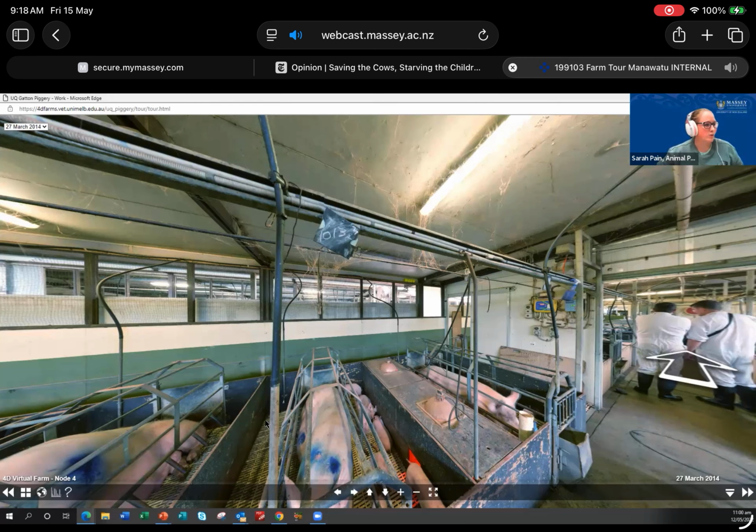Each of the farrowing crates will have a little area that the piglets can get to. It also creates a space for feeding: as piglets get closer to weaning, we start to feed them what's called a creep feed, which is a very tasty little feed.